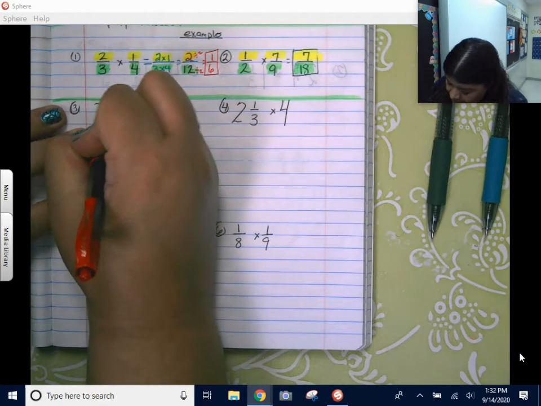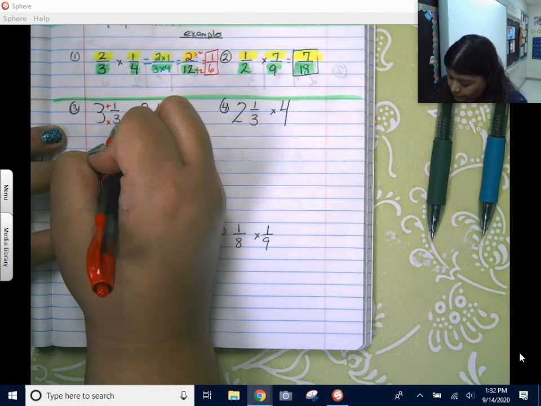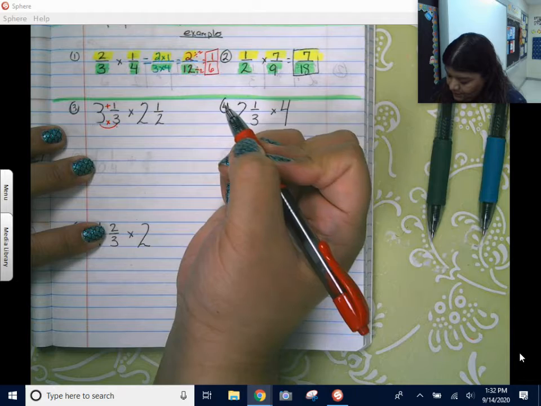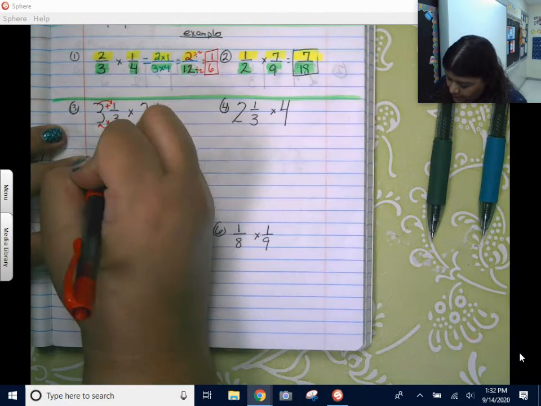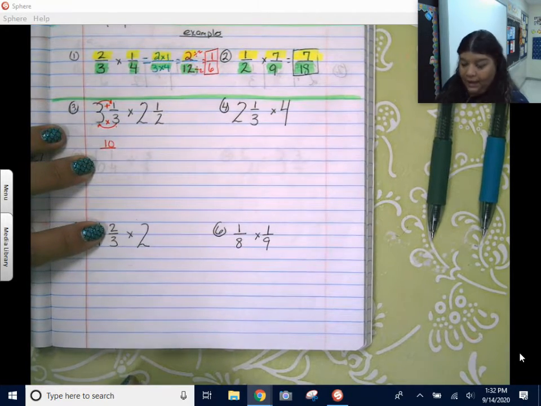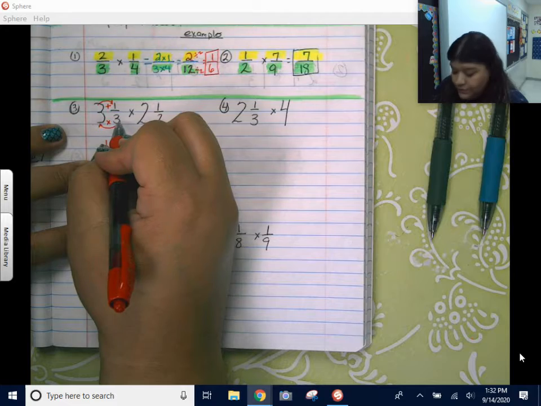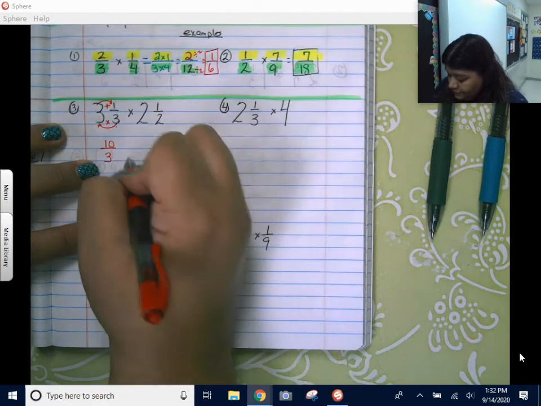So if you remember, T, X, and we're going to do 3 times 3 is 9. 9 plus 1 is 10. That's my new numerator, okay? And the denominator, if it was a 3 here, it's a 3 there, okay?